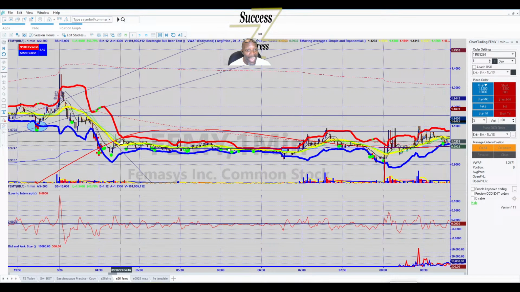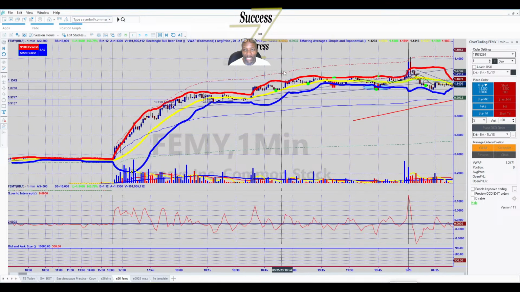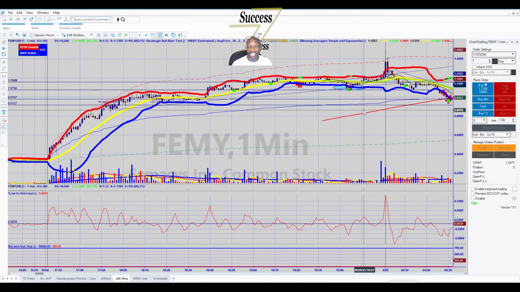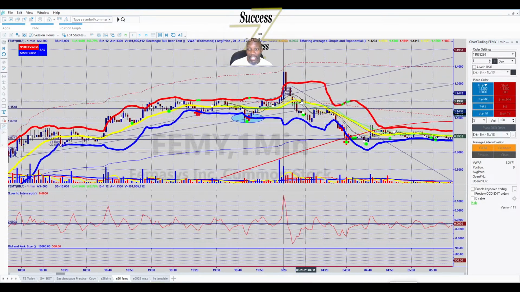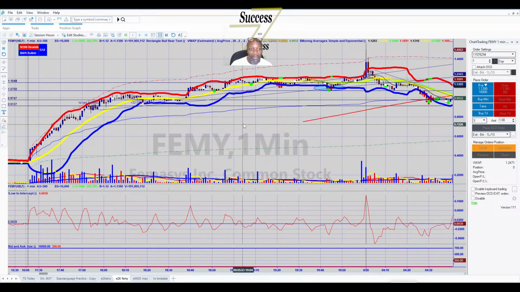I think I got in maybe here, and when the market was about to go up, it broke during the first part of the day. It gapped up, and I said once it gaps up and does its thing, I'm out. But it didn't gap and go. It kind of came back, so I was still in position and managed it.